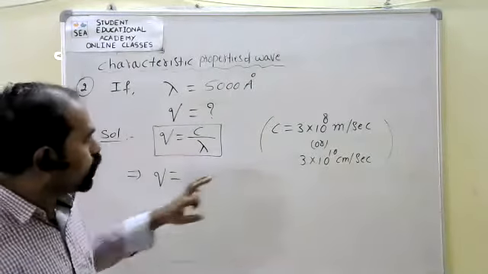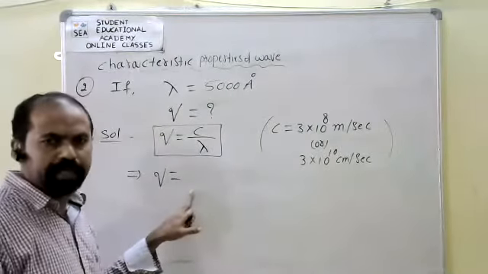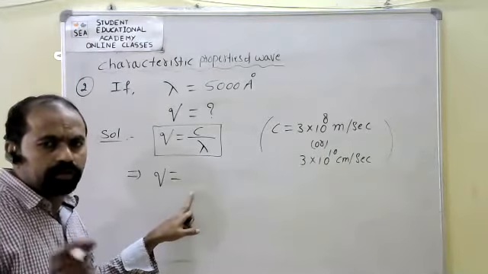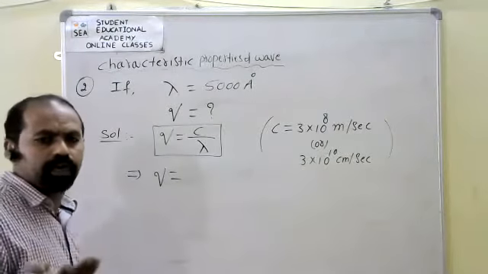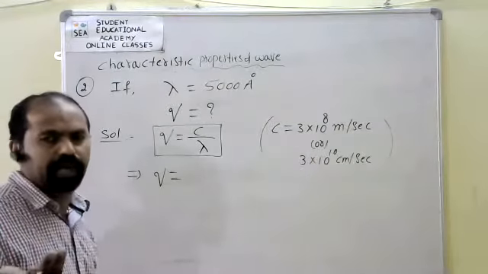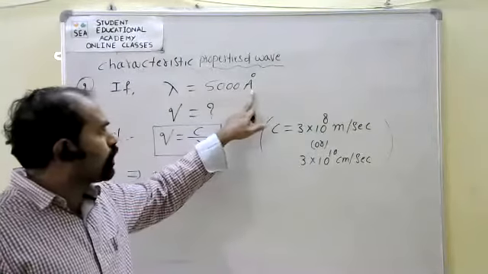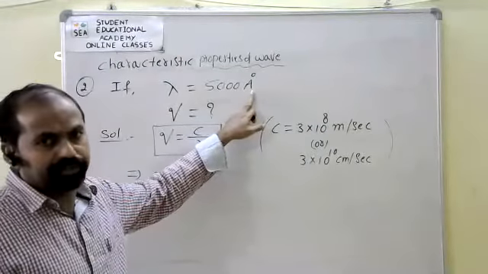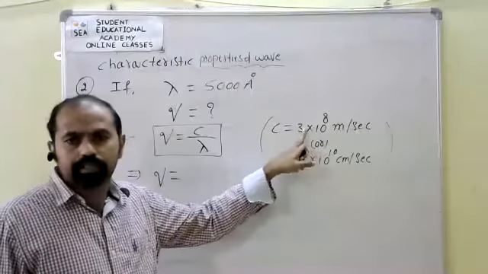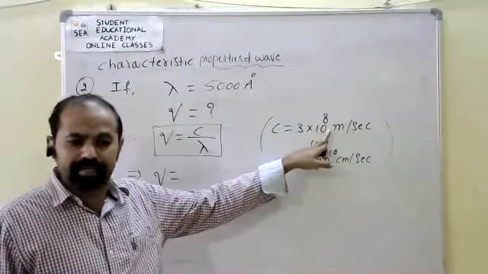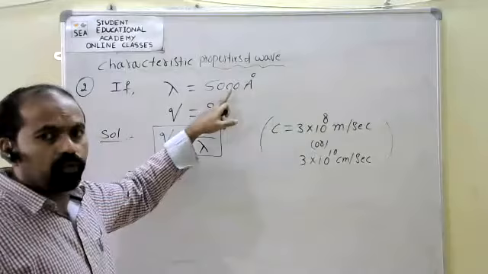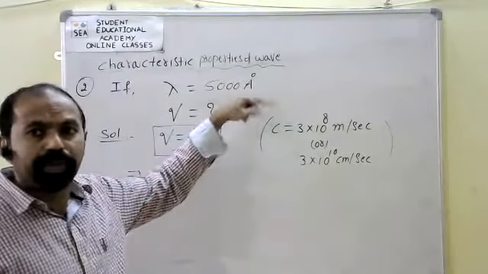See, here one simple thing. The frequency units are second inverse. Because of that reason, here the wavelength is given in angstroms. If you take velocity of light in meters, the wavelength is converted into meters.